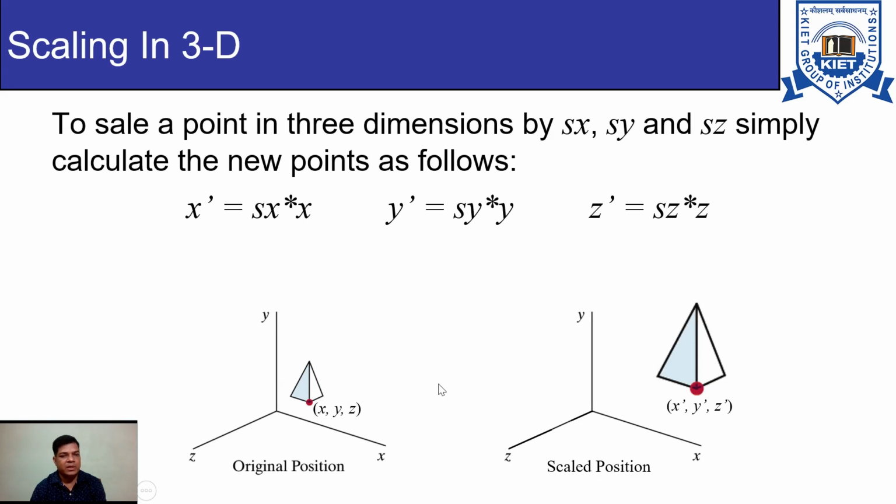Here the scaling factor values are more than 1, that's why the size of the pyramid has been increased. If we keep the values less than 1, then it reduces the size. If the values are equal to 1, then there is no change in the size of the object.